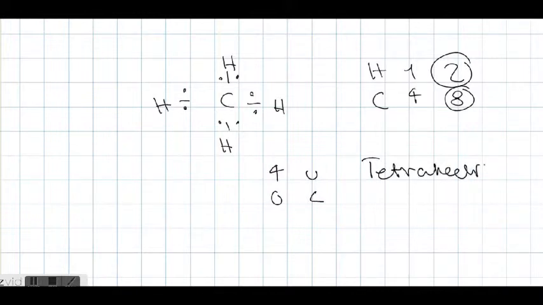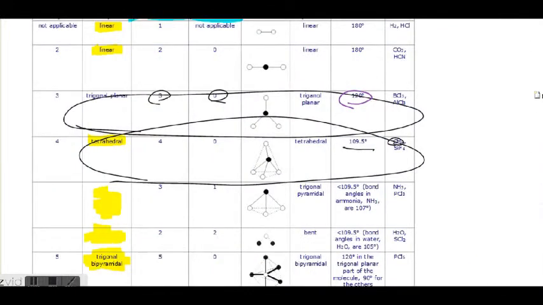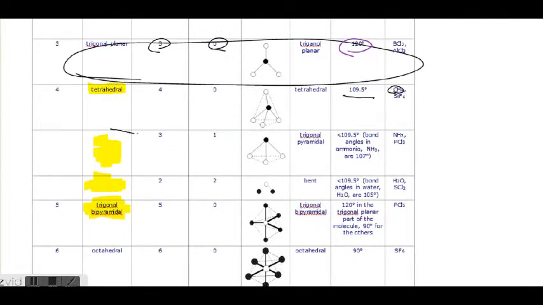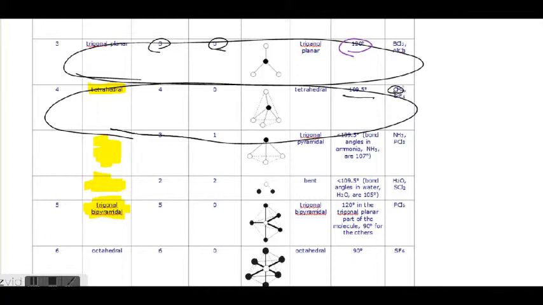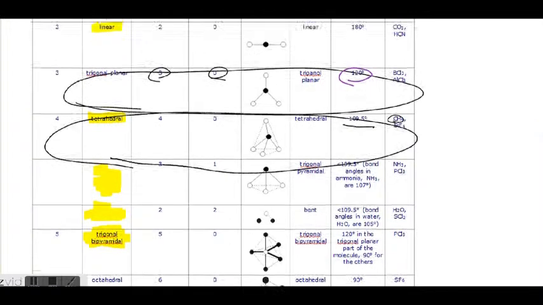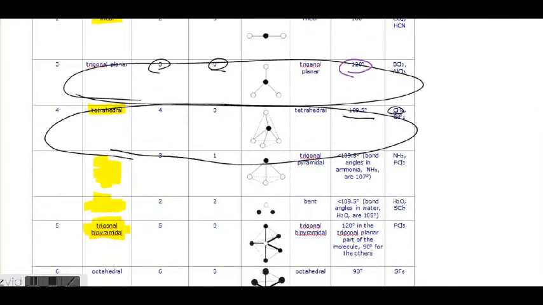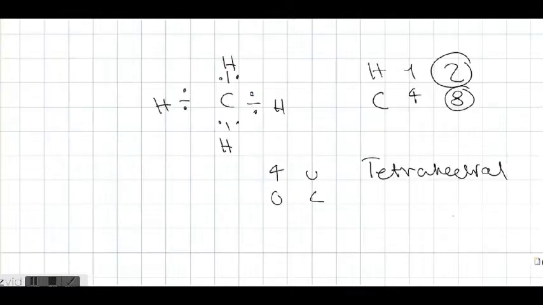Now, if you don't know this information by heart, there's also a page where you can just look it up. And here, I'm going to draw it again, is tetrahedral. And coincidentally, it says CH4 right here, so it's another fact that this is the right one. And it says it's 109.5 degrees, which happens to be right. There you go.